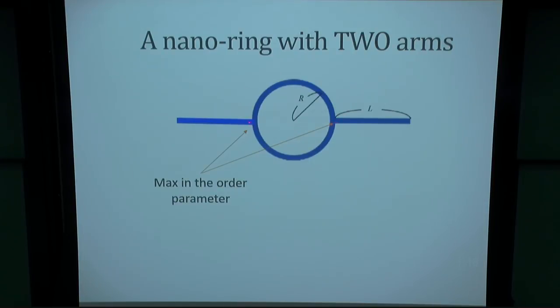We have a maximum here and a maximum there, and again by symmetry, we have a minimum here and a minimum here. So we have two weak links in the ring, due to the fact that the order parameter is locally dependent in this situation.